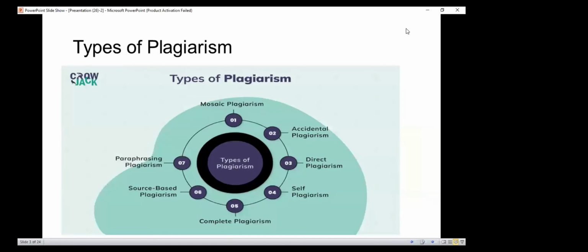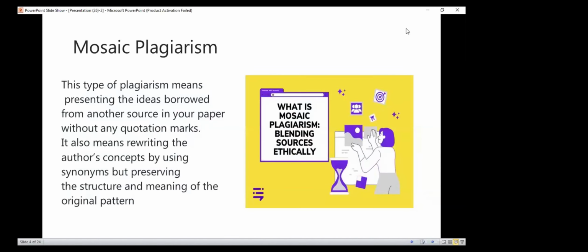Next, this diagram highlights the 7 types of plagiarism, which serve as a reminder of the importance of academic integrity and ethical writing practices. Now let's talk about mosaic plagiarism. It is when you present ideas borrowed from another source in your work without using quotation marks.